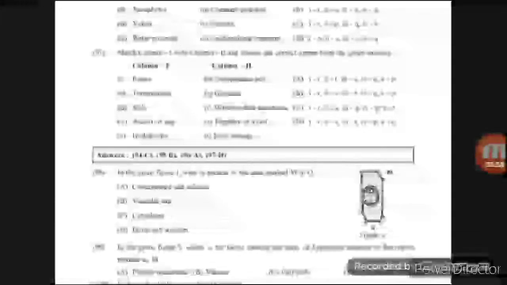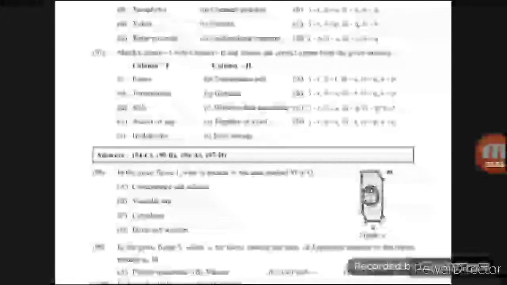So the correct answer for this question number 97 is: the porins, it is the mitochondrial membrane. The transpiration, it is the turgidity of a cell.